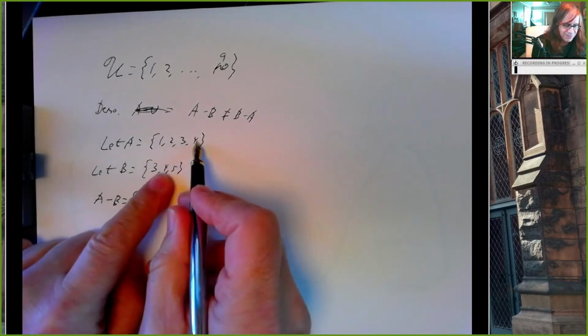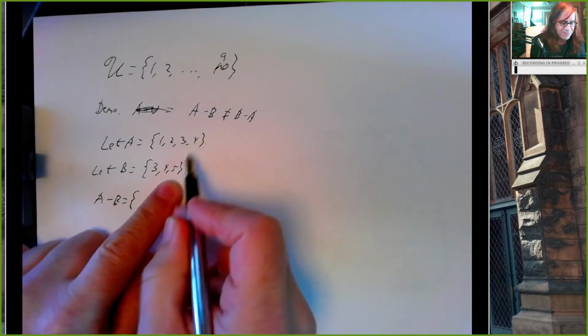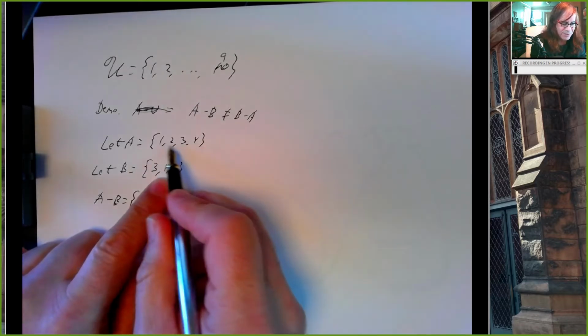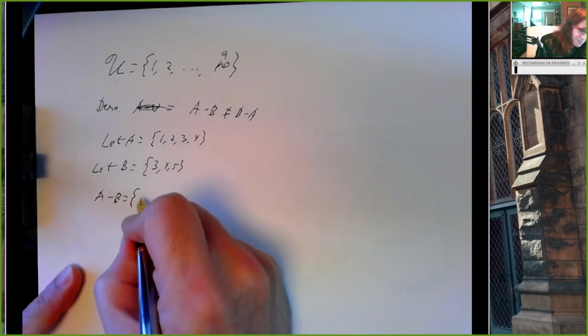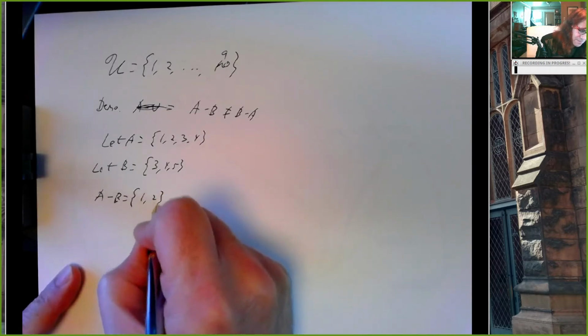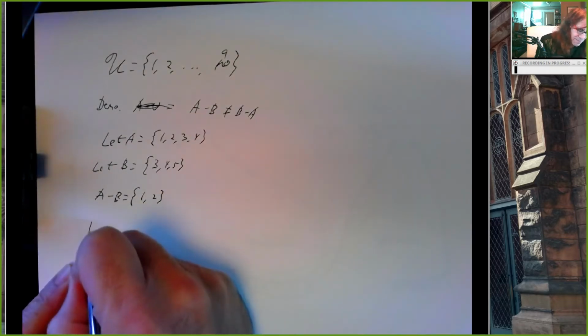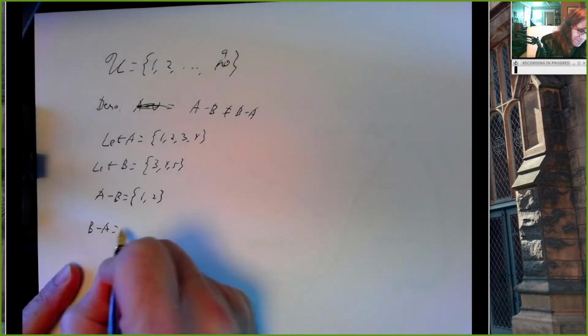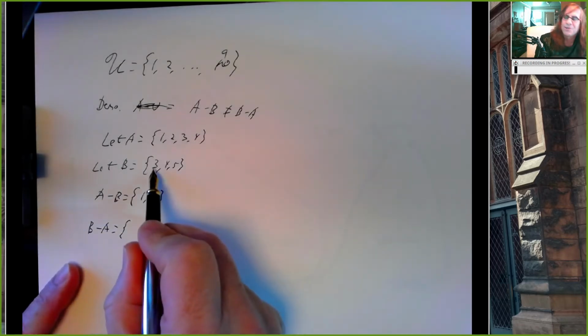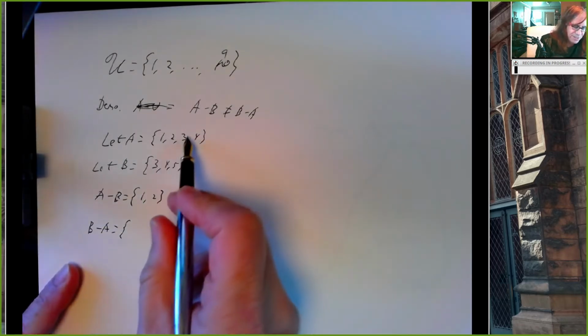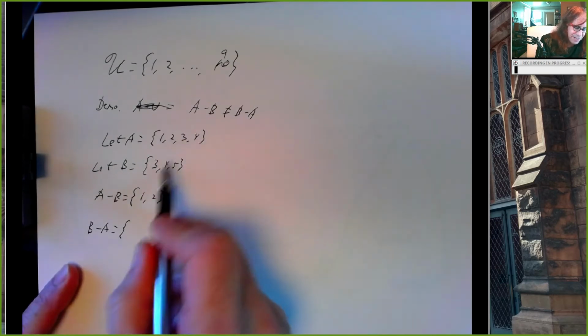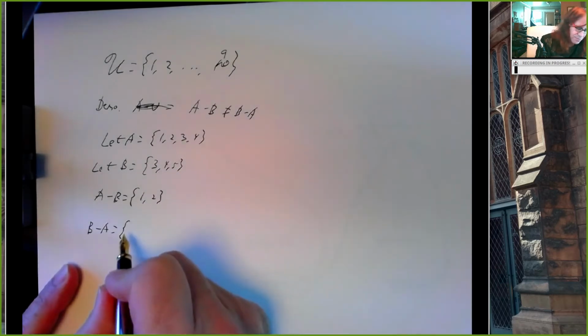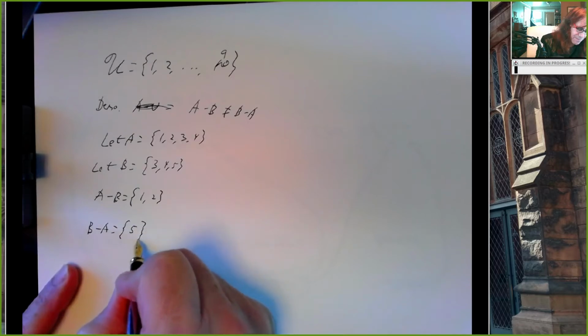I'm going to toss out the 4. There's no 5 in A, but that's okay, right? I'm starting with A and tossing out the 3 and 4, so this is going to be 1, 2. And then B minus A, I'm going to start with B and toss out anything I find in A. So the 3's got to go. The 4 has got to go, but the 5 can stay. So B minus A is just 5.